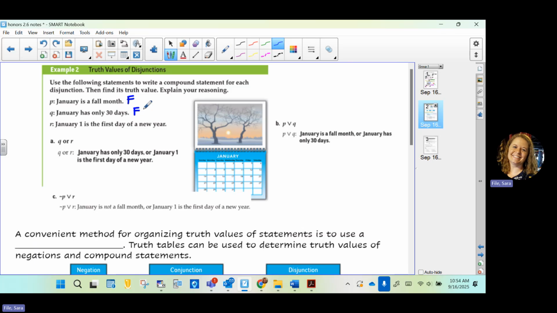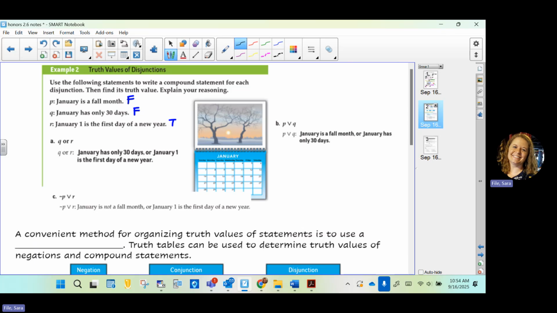So I know there's 31 days in January. All right, statement R. January 1st is the first day of a new year. That's true. Every year, January 1st starts the new year. Okay, so I've got two false statements and a true statement.